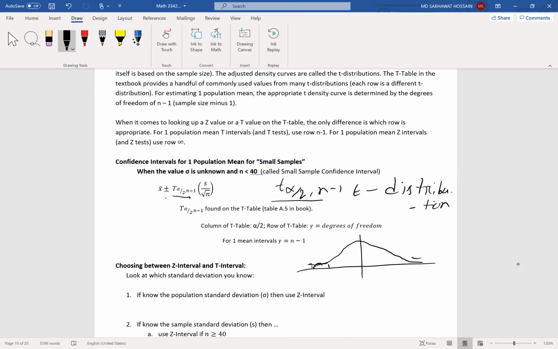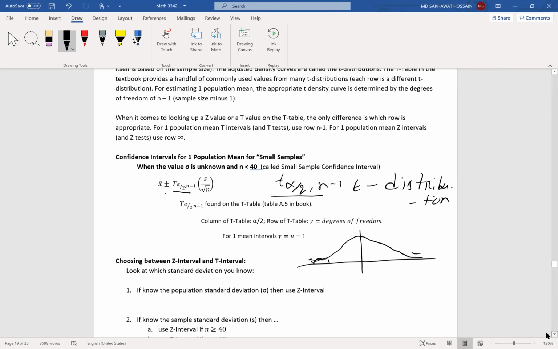And the n minus 1 here is the degrees of freedom. So for normal distribution, we do not need degrees of freedom, but for t distribution, we need degrees of freedom. That's why we have n minus 1. You can use the table or you can use the calculator to get the value of t alpha over 2, n minus 1.